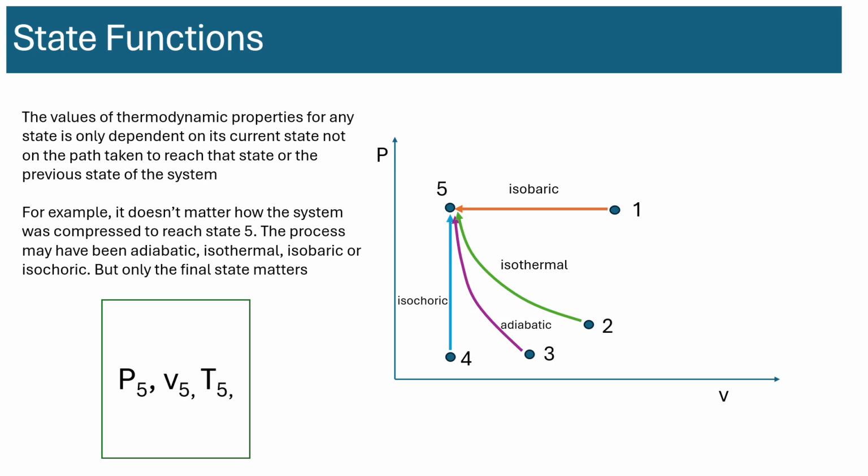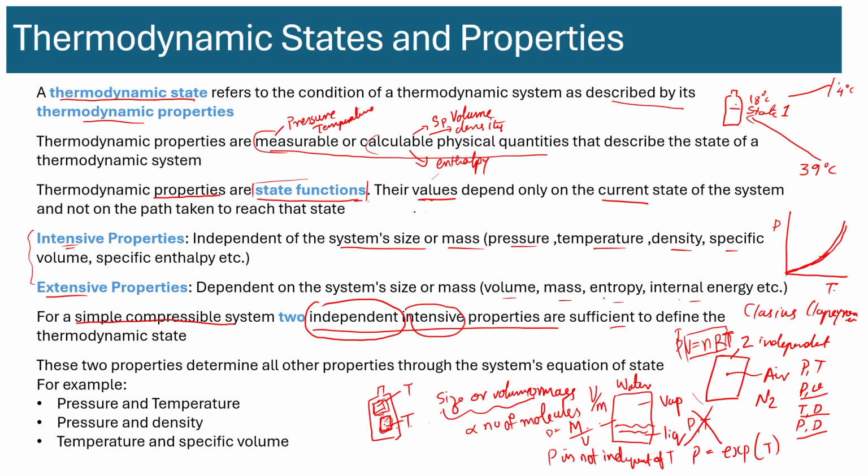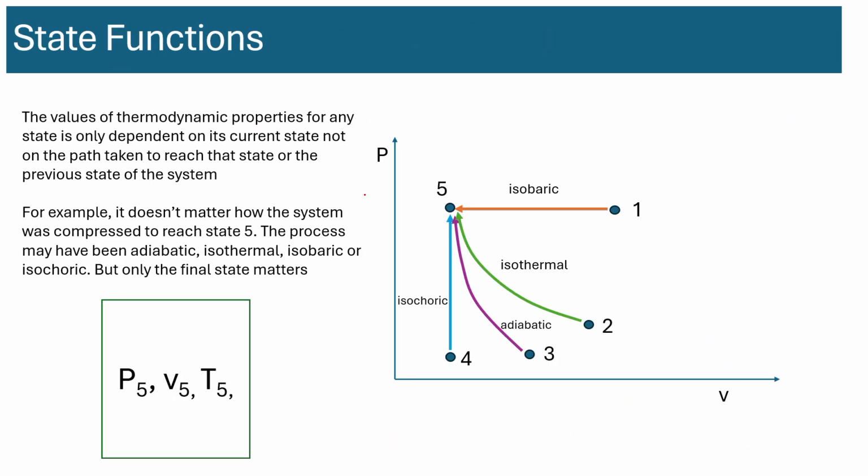Now, this is touching upon the state function that we discussed here. Just to drive the point home further, consider that your system is at state 5. You could have gotten there from state 1, 2, 3, or 4. So 1 to 5 is isobaric, meaning P equal to constant. 2 to 5 is isothermal.